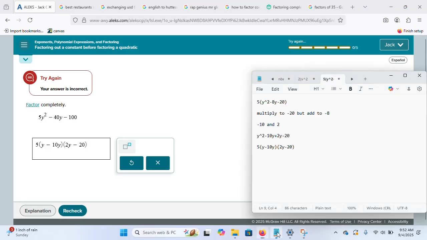Alright, so we know this is not correct. So let's, what we learned in last episode is we can always factor by grouping. So let's group them. Let's go ahead and group them up. Common factor here would be y, in which case you get y minus 10.